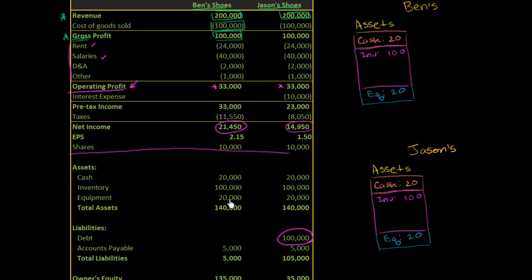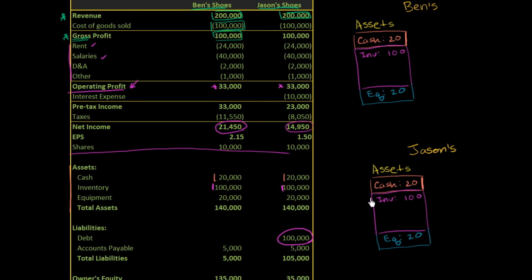If you look at both of these guys' assets, down here is their balance sheet. They're the same. They both have $20,000 in cash, and I've drawn it over here. This is Ben's assets, $20,000 in cash, $20,000 in cash. They both have $100,000 in inventory, and I've made the height proportional to how many dollars we're talking about.